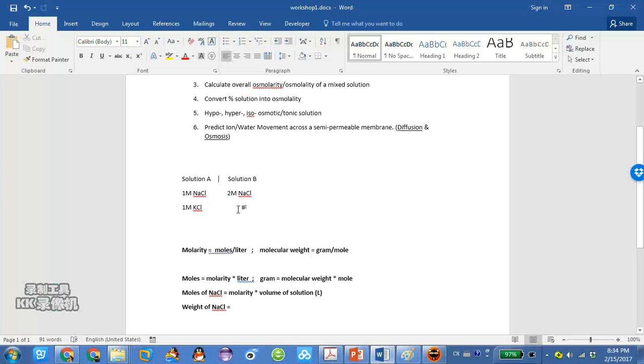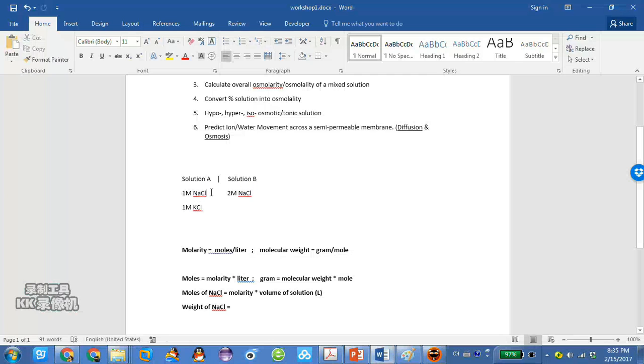So if we want to quantify the number of actively moving particles, how are we going to do that? Let's say instead of a perfect 2 actively moving particles that 1 molecule of NaCl will give, it actually gives 1.8, because some part of the NaCl molecules will still remain as molecules, right? So 1 part of NaCl is going to give out slightly less than 2 parts of actively moving particles.